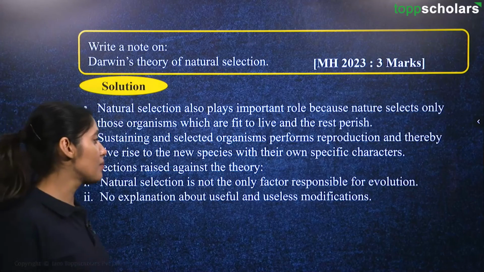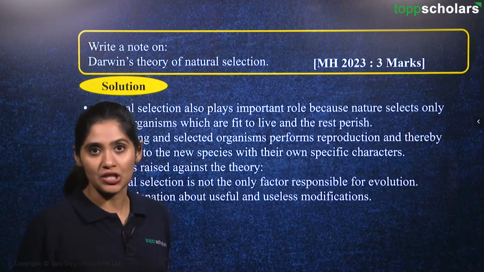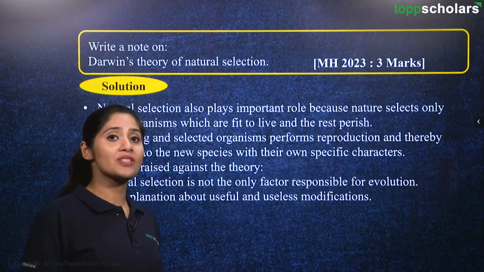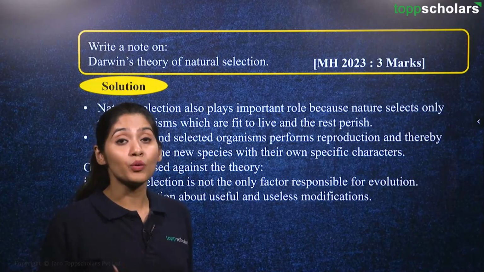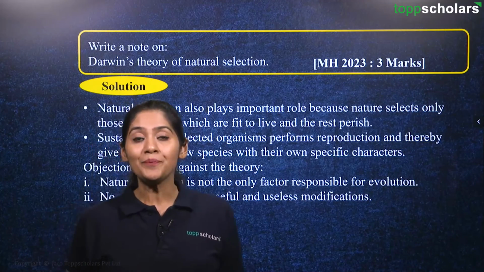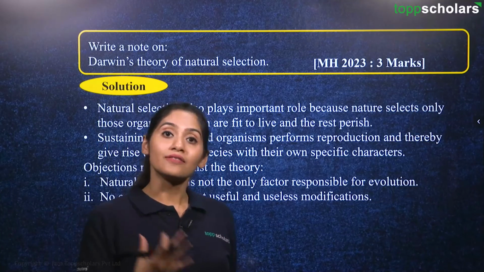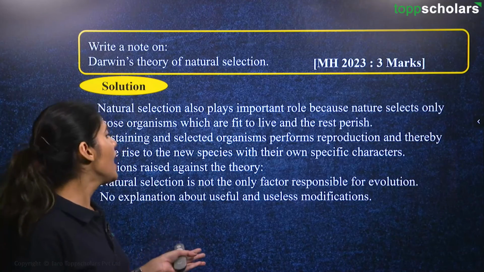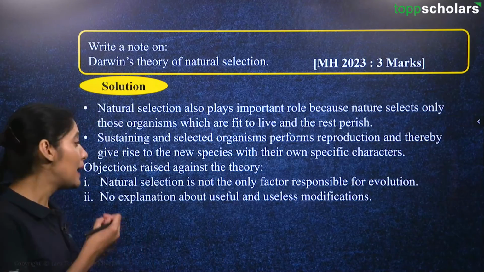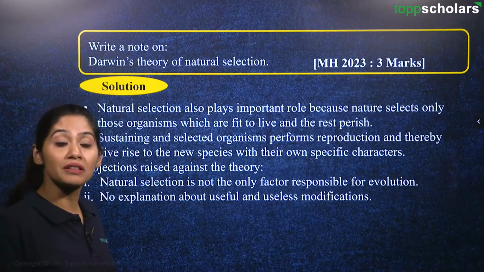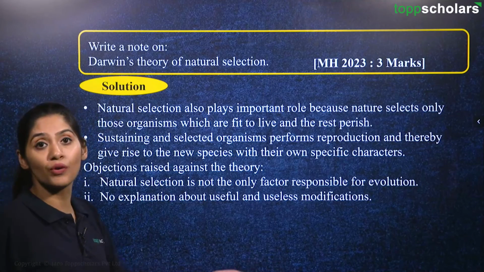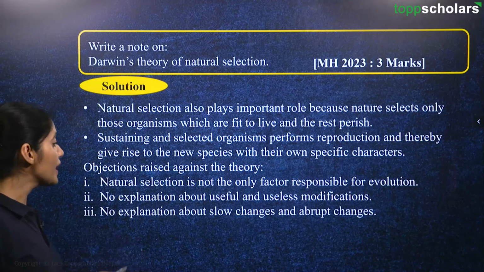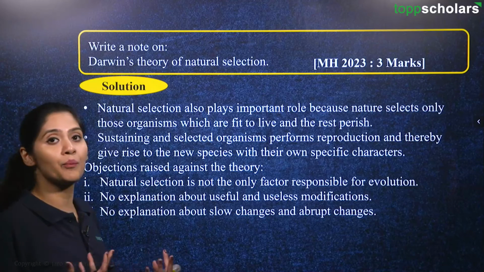No explanation about useful and useless modifications. There have been modifications in the body which have not been proven to show any use in survival or in any other process. So there have been useless modifications too, but no explanation was given for the reason for such modifications. No explanation about slow changes and abrupt changes.